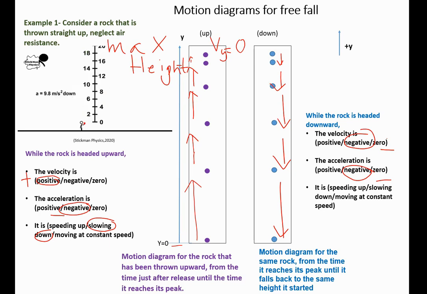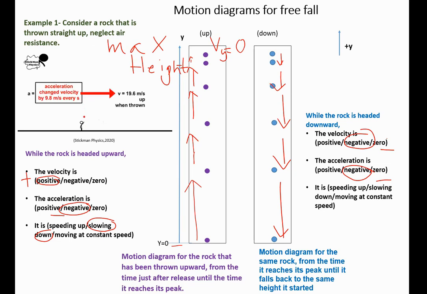So g is 9.8 meters per second squared, and when it is moving up, the object is slowing down because the acceleration due to gravity is downwards, and when the object is moving down, the object is speeding up because the velocity and acceleration both are in the same direction.